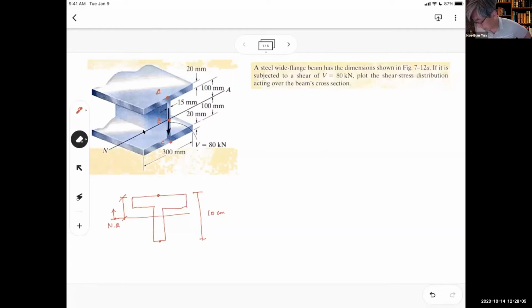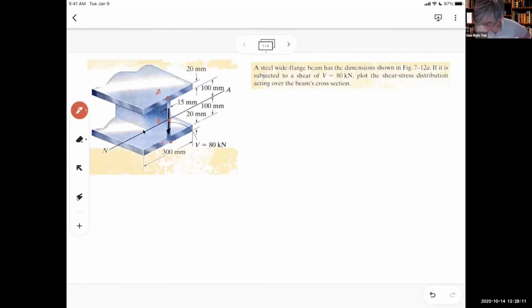And let's check that if this guess is correct. Again, I will start with the shear formula, VQ over It.